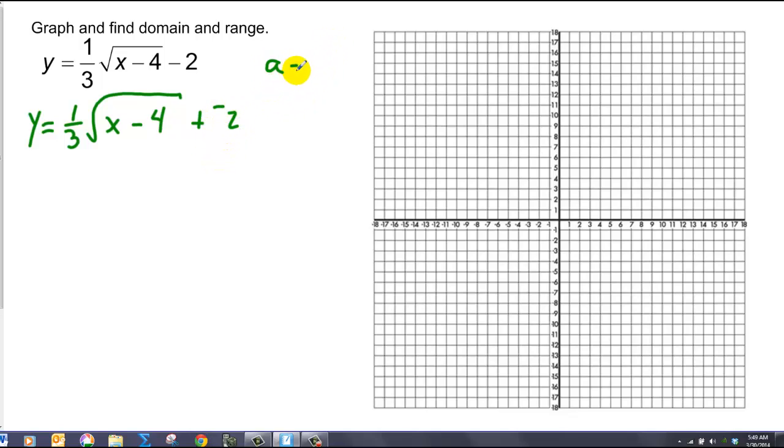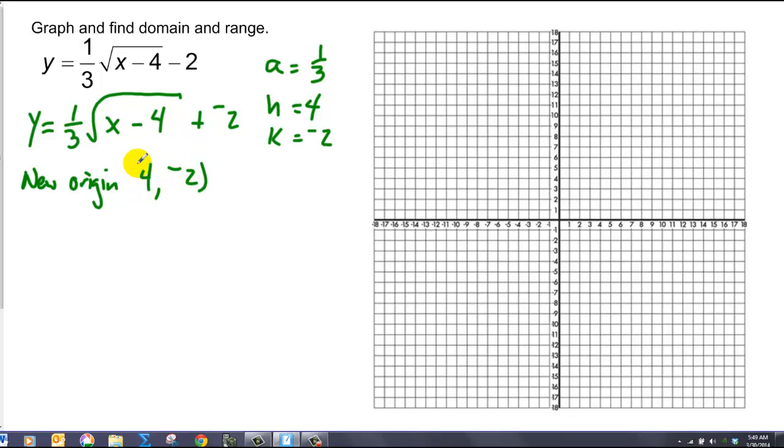I have an a value of 1/3, an h value of 4, and a k value of negative 2, which means I have a new origin of 4 and negative 2. I have a y multiplier of 1/3.